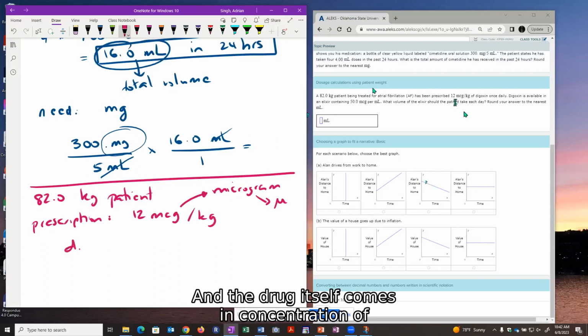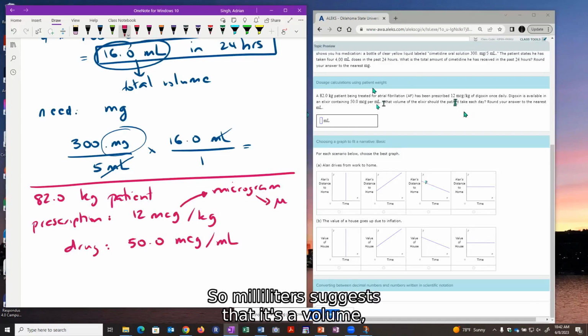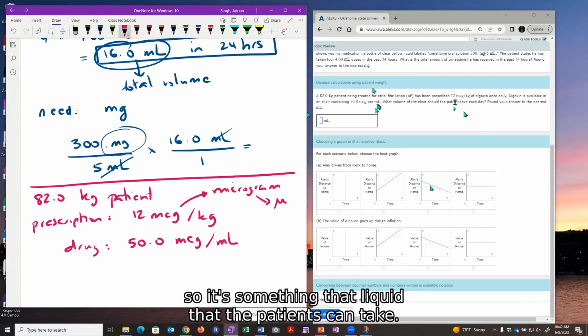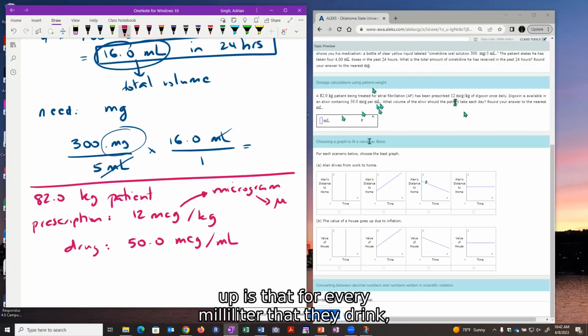The drug itself comes in a concentration of 50 micrograms, mcg, per mil of that drug, right? So milliliter suggests that it's a volume, so it's a liquid that the patient's going to take. And the way that it's made up is that for every milliliter that they drink, there's 50 micrograms of that particular drug.